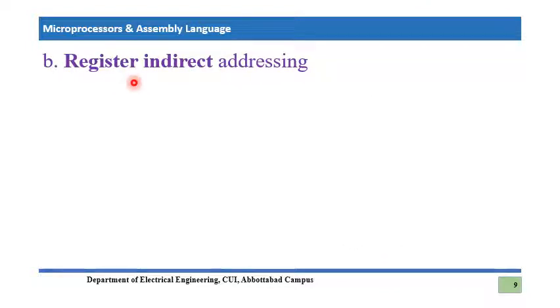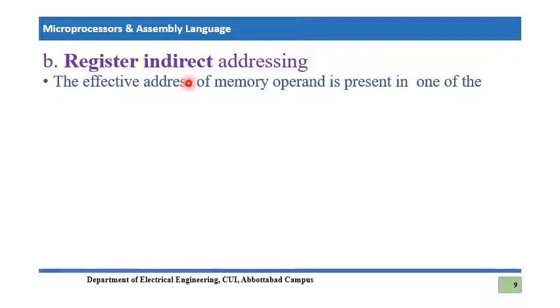Okay, let's see the second kind of memory operand addressing mode, and that is register indirect addressing mode. What happens in register indirect addressing mode? Last time the effective address was given directly as part of the instruction, but this time we assume that the effective address of the memory operand is present in one of these registers.